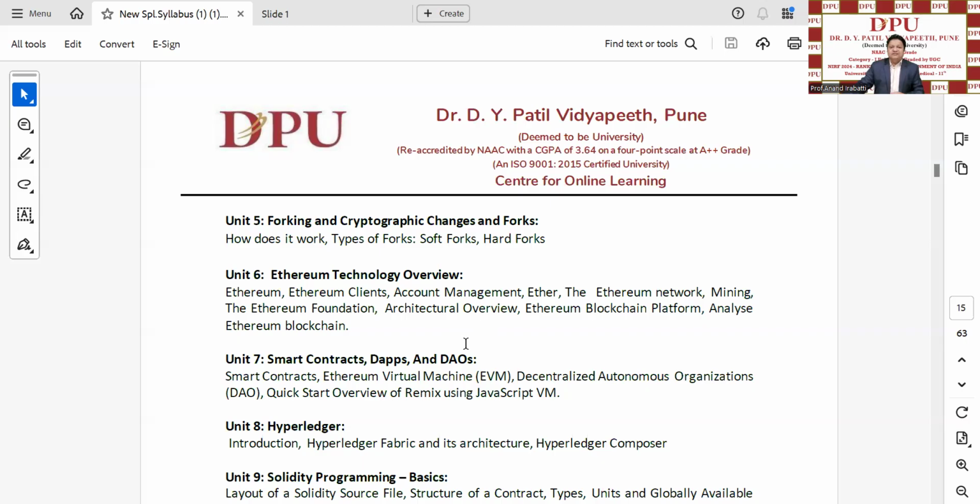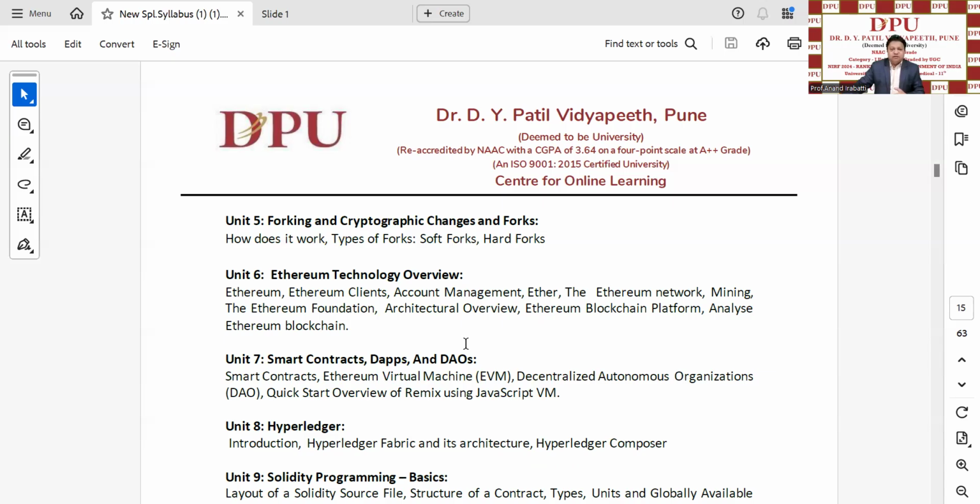If a new cryptocurrency is announced, is declared in that particular blockchain network, then it triggers a fork. If a new rule is introduced in the blockchain network, then it triggers a fork. So forking means a change.